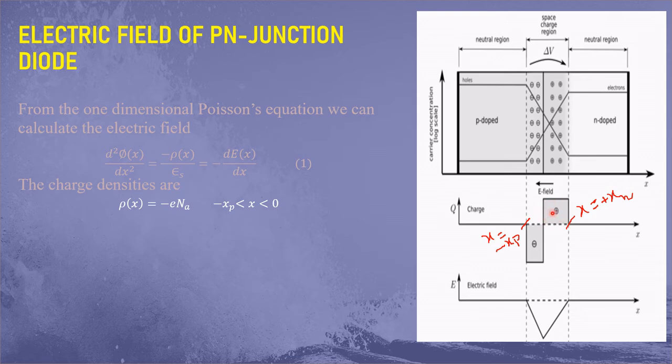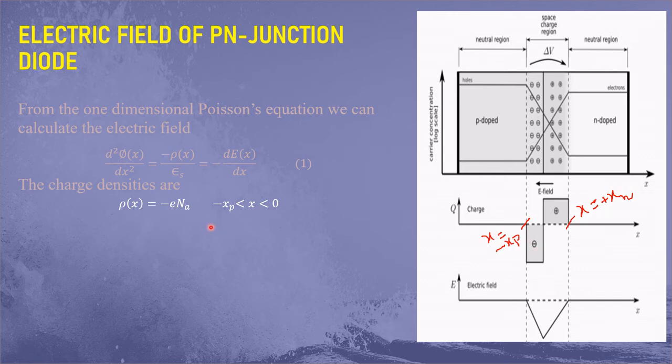This side is defined by minus e Na, where Na is the acceptor charge density in the P side.